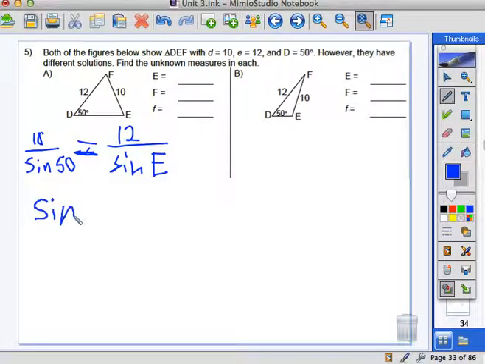Because we're looking for an angle, we're going to do inverse sine because we want to find out what E equals.